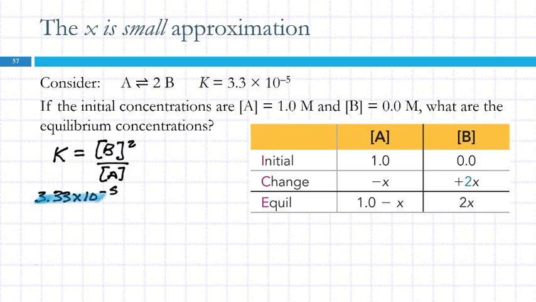So there's K. And K is equal to b squared, where b is 2x, divided by a, 1.0 minus x.